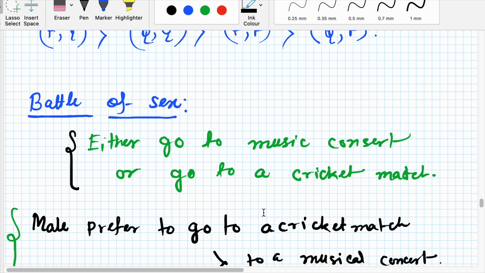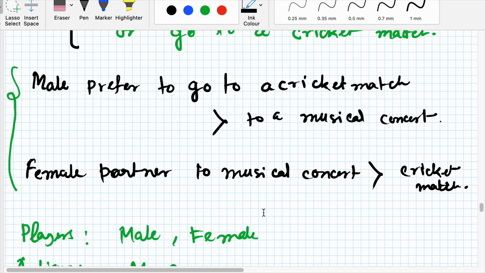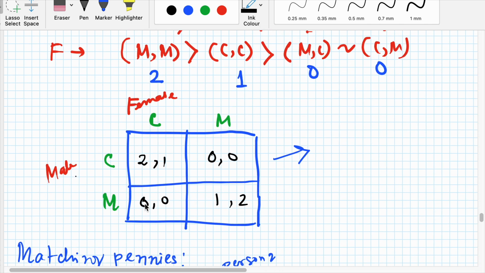That is the least preferred. As an example, suppose two partners, one male and one female, are trying to go on a date and want to decide where to go. The male partner prefers to go to a cricket match rather than a musical concert. However, the female partner prefers a musical concert over a cricket match, but both of them want to go together.